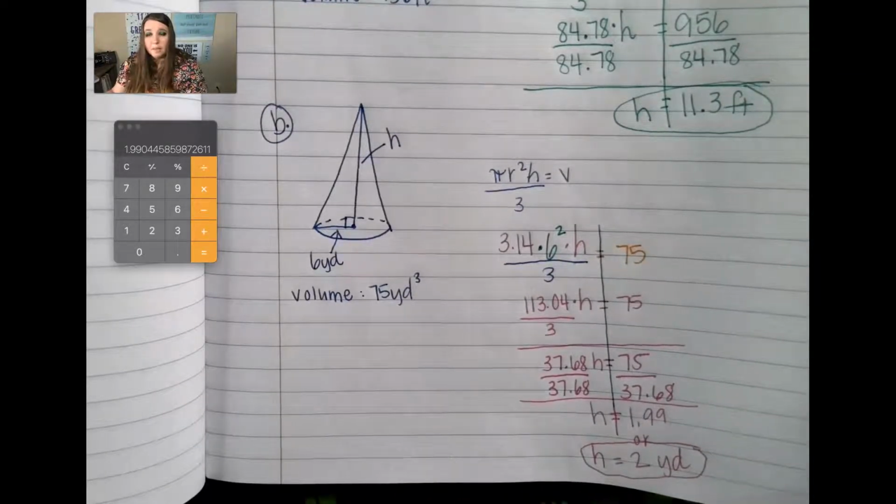All right, let's go ahead and do one more example before I give you a try it to do. So this last example that we're going to look at, again, we're solving for the height of the cone.